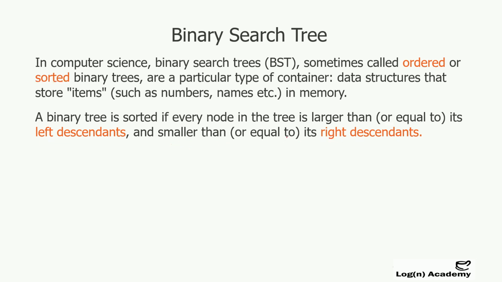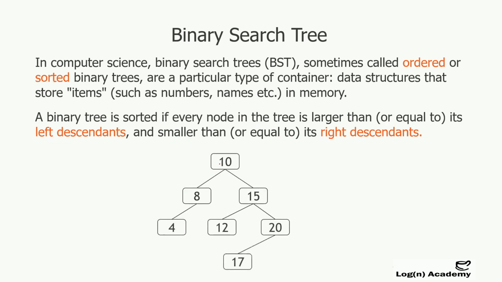Now, what does it mean? Let's see the structure. We have a node with the value 10, which is the root node. The left hand side of the root node is less than the root, and the right hand side is greater than the root. In the same way, if we look at the root 15, the left hand side is again less than the root, and the right hand side is greater than the root.